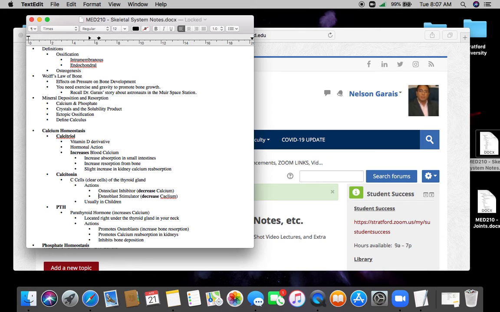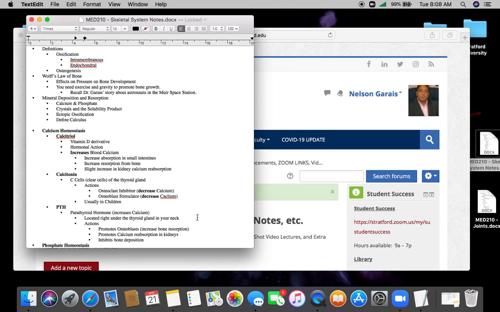Now, PTH is parathyroid hormone, and what is its overall effect? It increases calcium. Your parathyroid is located right under your thyroid, in your neck, and what will it do? Of course, if you want to increase calcium, what do you need to do? Increase the osteoblasts? No, I think that's backwards. I think it's promotes osteoclasts.